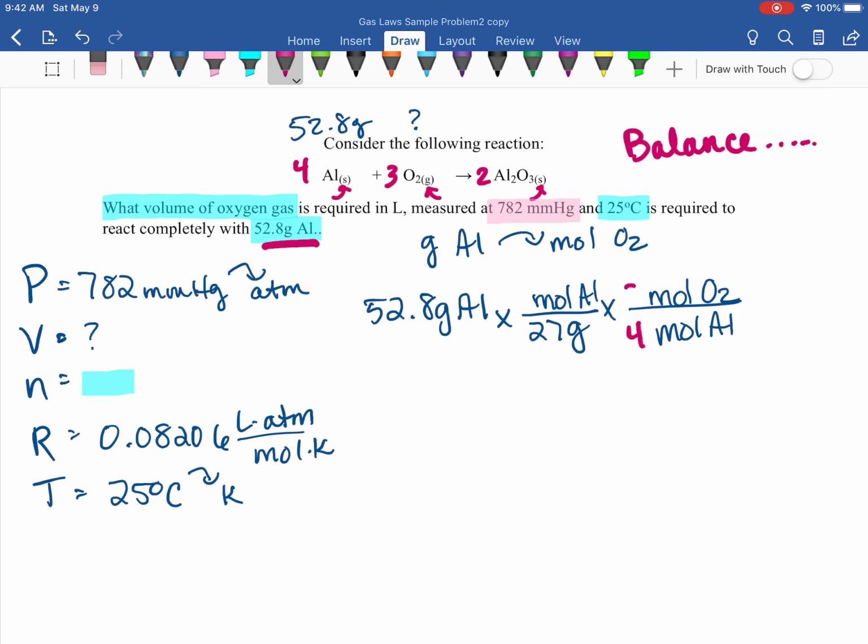I've got 4 moles of aluminum to every 3 moles of oxygen. So what are we going to get for our moles of oxygen? Grab your calculator. Divided by 27 times 3 divided by 4. I've got 1.47 moles of O2.